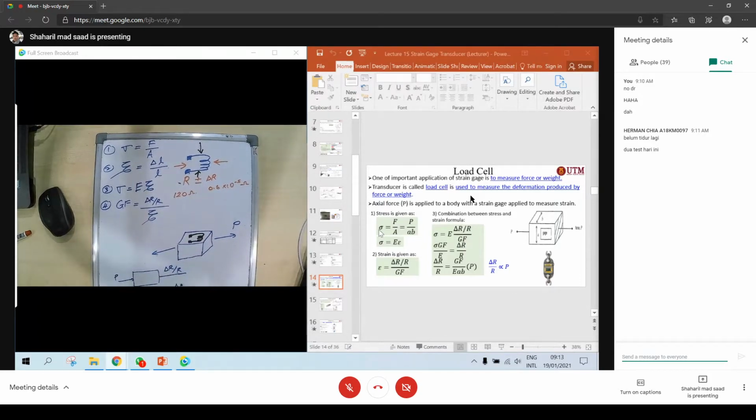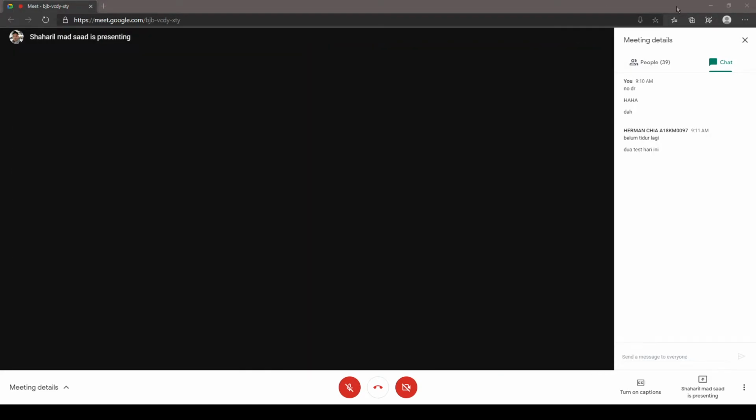The formula for this load cell is equal to GF over EAB times P. Your P now is the force that you apply, the weight that you apply. GF is already fixed. When you buy the strain gauge, it has its own GF. And then E is the modulus Young of this material.